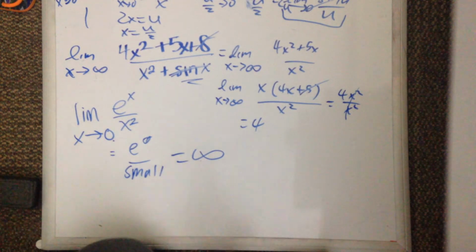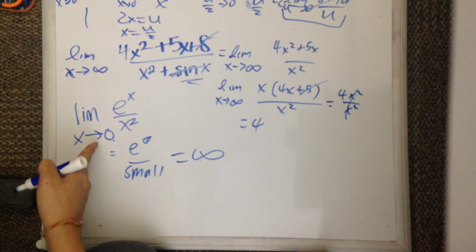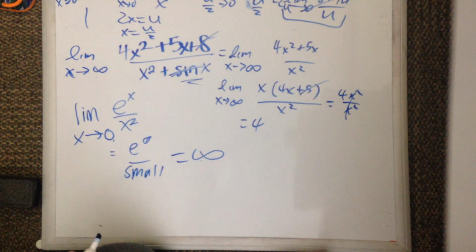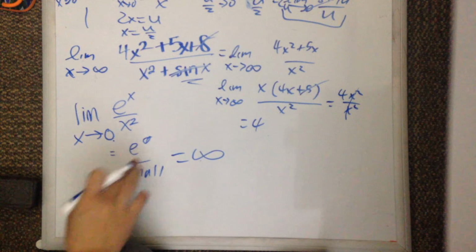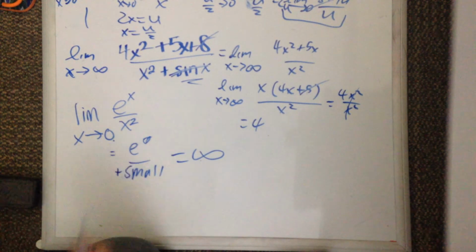But is it a positive or negative infinity, or neither? Remember, if it approaches positive infinity on one side and negative infinity on the other, then it doesn't converge. But we know because this thing is always positive. Why? x squared is always positive. So whenever we use small quantities on the bottom or big quantities on the top, we always need to put a sign.